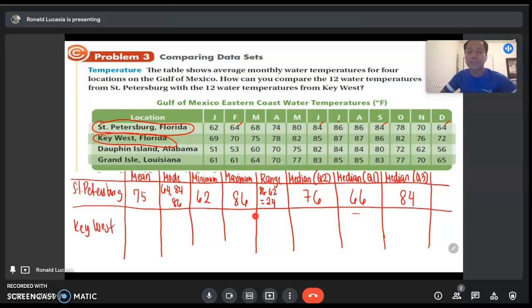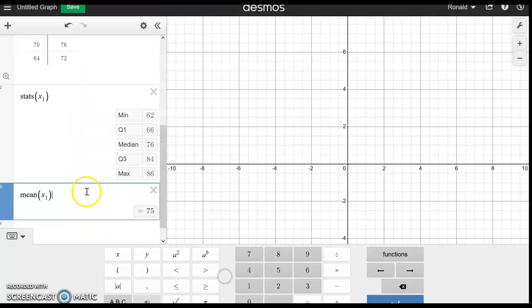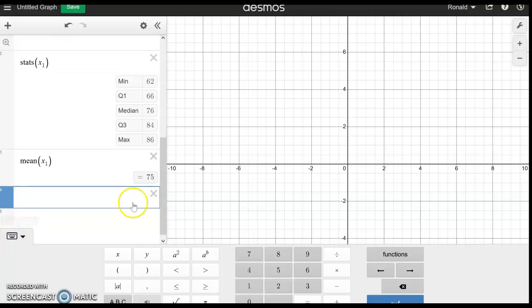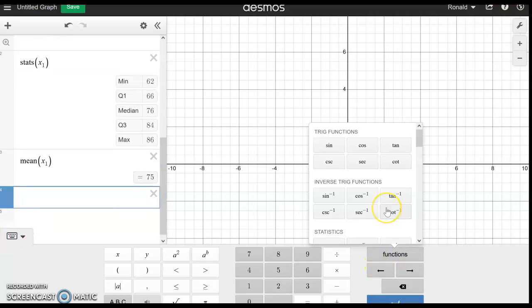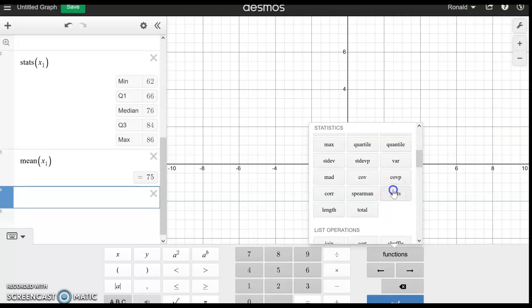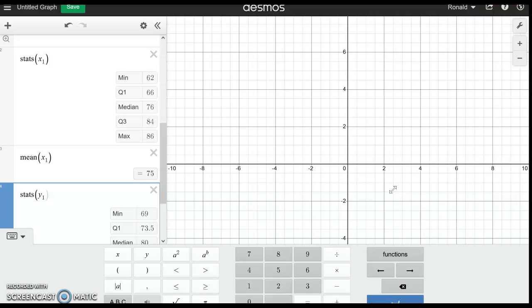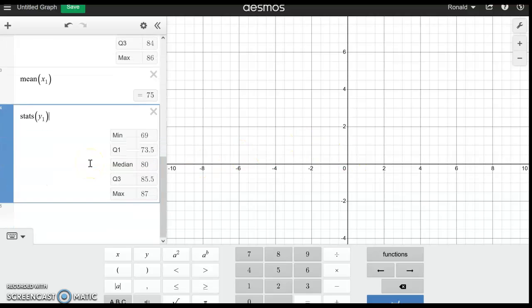Okay, now let's try for Key West. Again, our Y is Key West, so click again the function. This one is the stat, and then Y1. Y is our Key West. So you have the minimum there, which is 69.